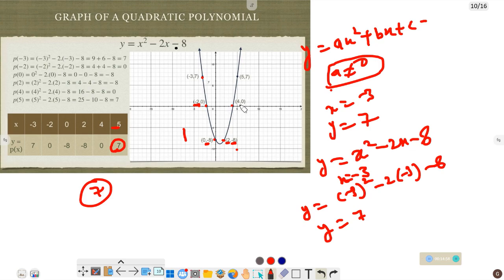X equal to 4, y equal to 0. X equal to 5, y equal to 7. We connect these points to each other, and we get a figure like a parabola. So this is the graphical representation of a quadratic polynomial.